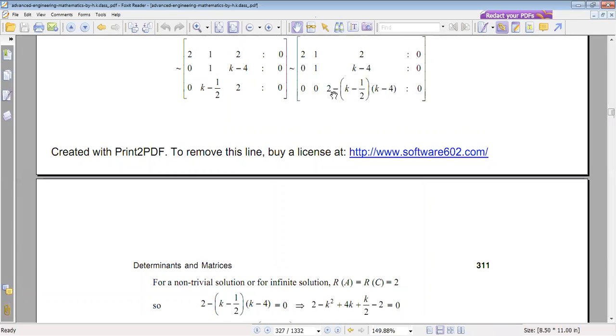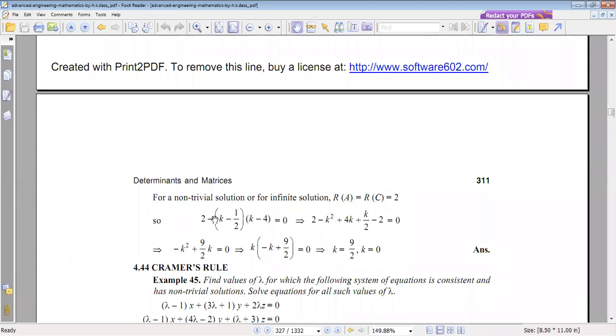So that means this element must be equal to 0. Therefore 2 minus k minus half into k minus 4 equal to 0. You can see yourself, after solving this, we got k equal to 9 by 2 or k equal to 0. Okay. So that's all.